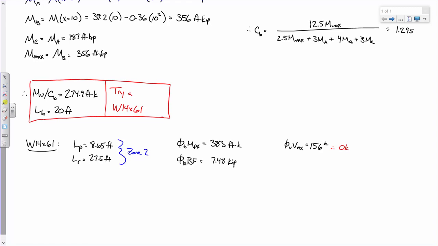What about our moment of inertia? 640 inches to the fourth. Is that good? That's good as well, right? So, you've got that. We're in zone 2. So because we're in zone 2, we use this expression.